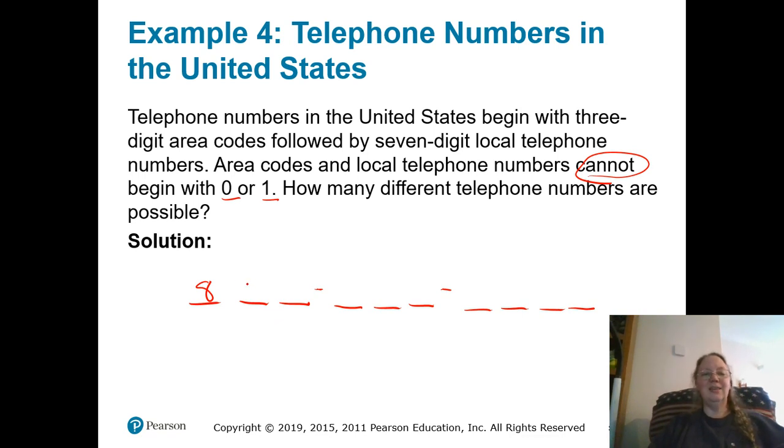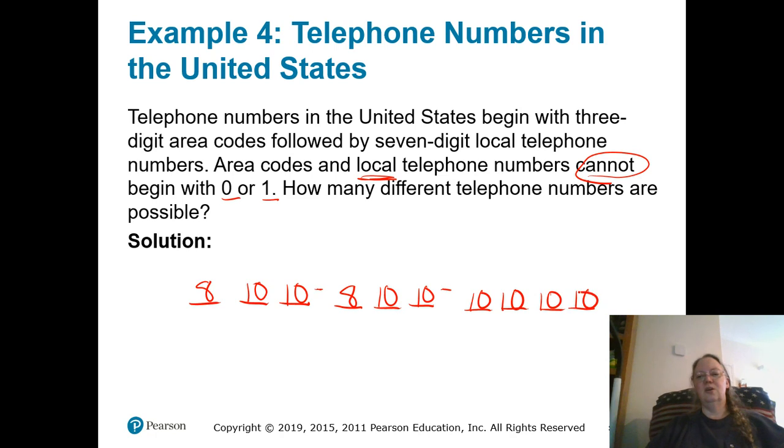And then it didn't say anything about the next 2 numbers for our area code. So we have 10 single-digit numbers and 10 single-digit numbers. And then it also said the local number cannot begin with a 0 or 1. So now we have 8 choices to begin our local number, and then 10 single-digit numbers.